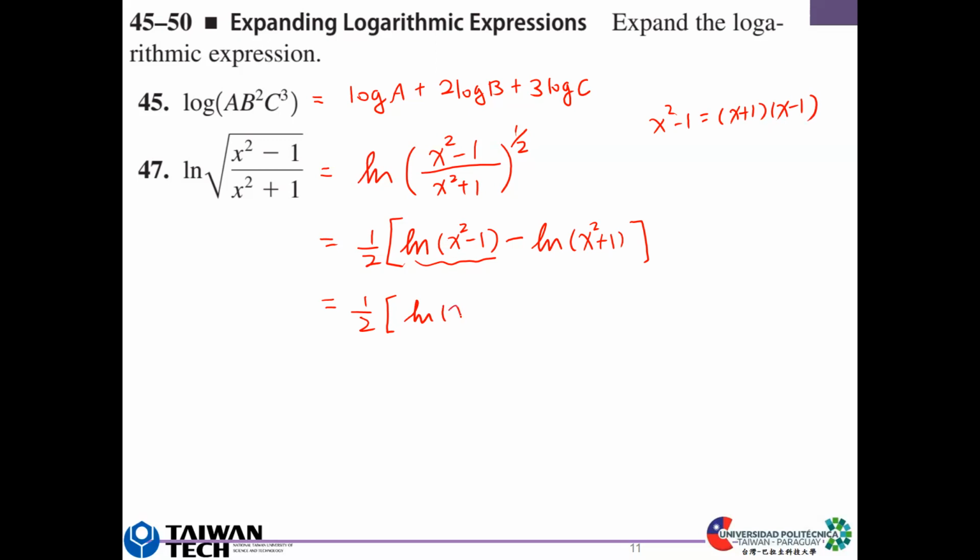So we have natural log x plus 1 plus natural log x minus 1 minus natural log x squared plus 1. So which is the answer? So you need to be familiar with the property of this log function, and the natural log function, just a specific case of it.